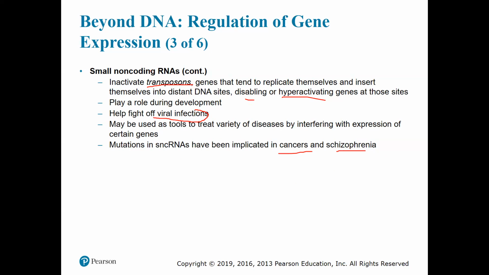Really, what I want you to know about the small non-coding RNAs or microRNAs is that they're going to help with regulation of genes. They're going to either turn up or turn down the expression of certain genes. And we see them used normally during development. We see them used against pathologies, but normally you'll see them used during development.